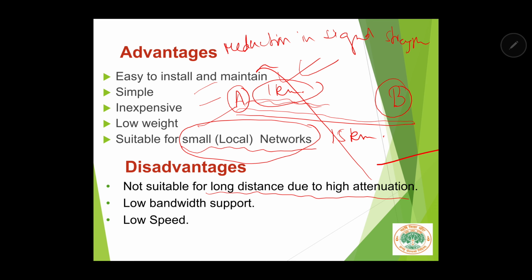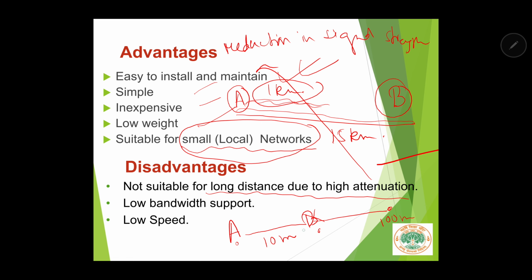Let's try to understand with a different example. Let's say this is me and this is you. If the distance between both of us is 10 meters, you can hear my voice pretty clearly. Now if you move away from me, let's say you are at a distance of 100 meters and I'm speaking with the same intensity, what will happen?